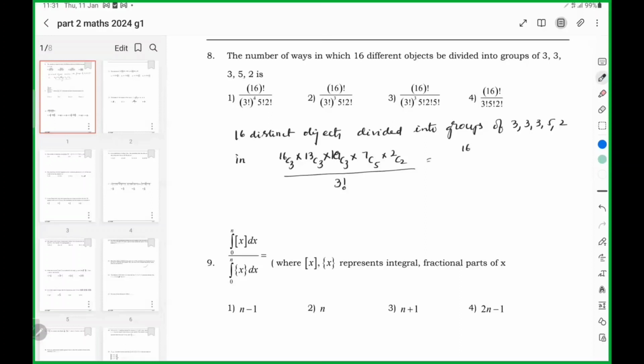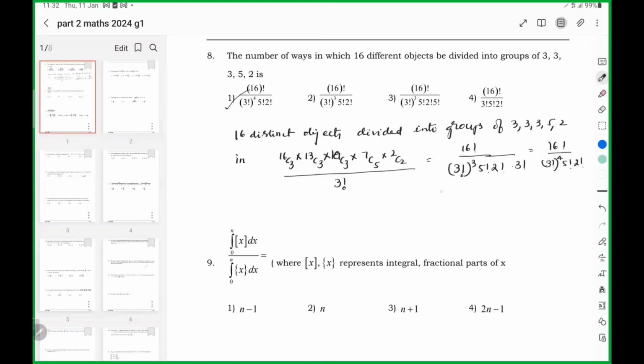So here after simplification you get 3 factorial whole cube, 5 factorial, 2 factorial into 3 factorial. So 16 factorial whole power 4, 5 factorial. So option 1 is correct.